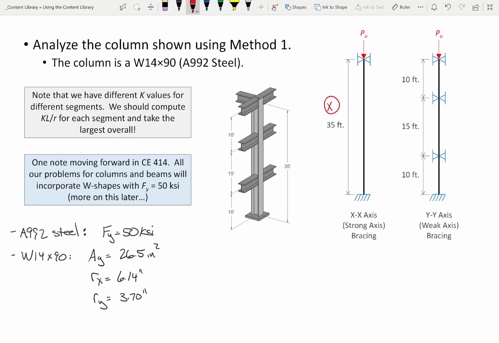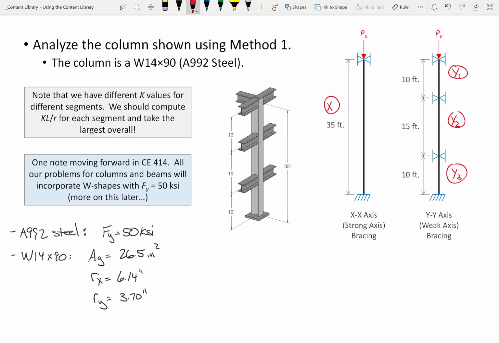But for the y-axis, we'll call them y1, y2, y3. Now, we're in the learning stage right now, so we're going to go through and assess every segment, but later on, we're going to see how we didn't really need to do that. In fact, we could probably have skipped a few of these segments and it would have made our life a little easier. But we'll talk about that later. Right now, I just want to go through and be systematic with all of them.